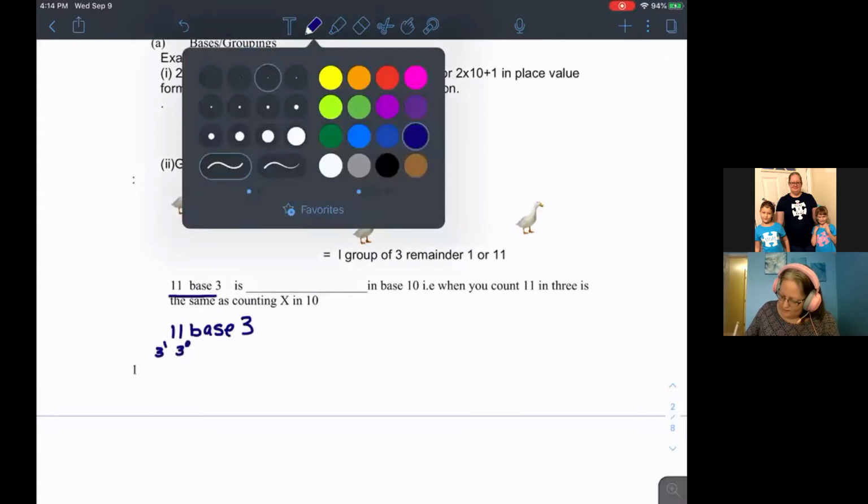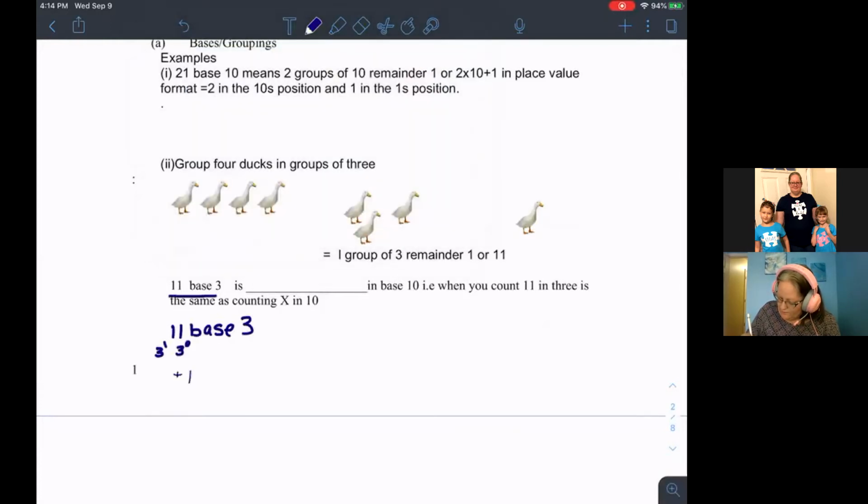So that would be 1 plus 3 times 1 is 3, so that would be equal to 4. So 11 base 3 is the same as 4 base 10.